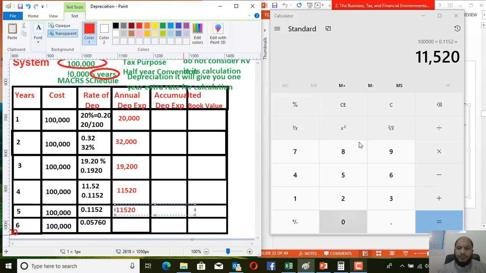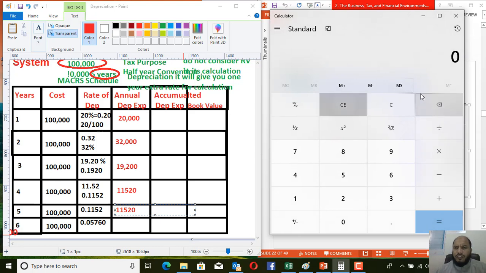And finally we will calculate this using the rate of depreciation. We have 100,000 multiplied by the rate 5.760%.